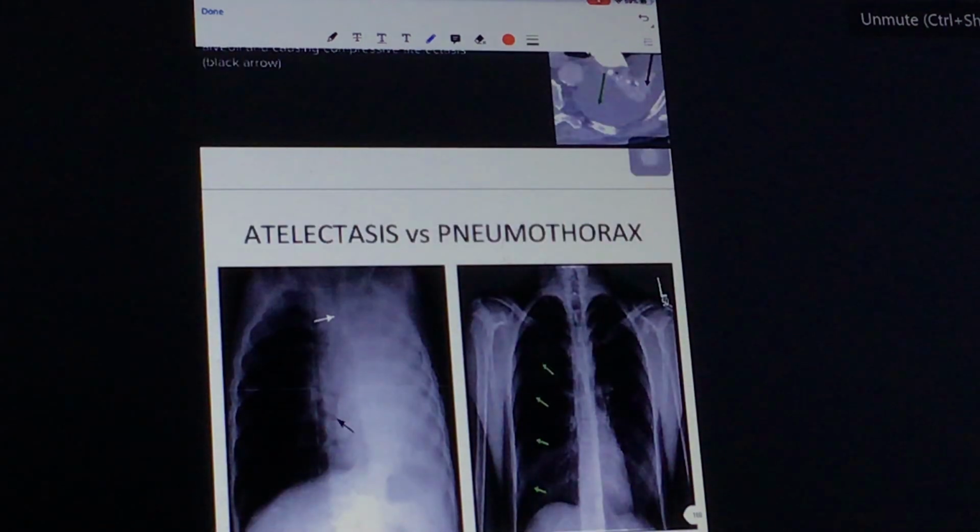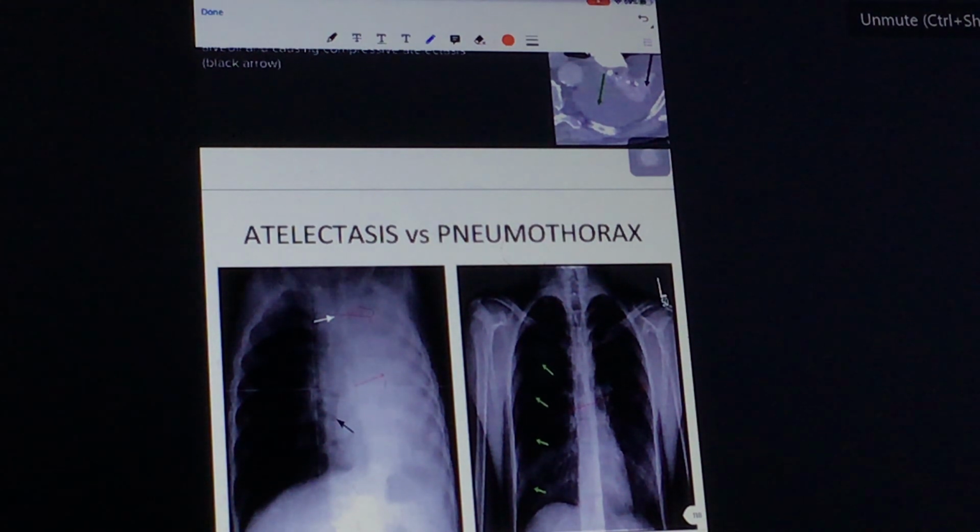In pneumothorax, it will push the structure in the middle away from it. What about atelectasis? Since the lung becomes smaller, the middle structures will shift to the affected side.